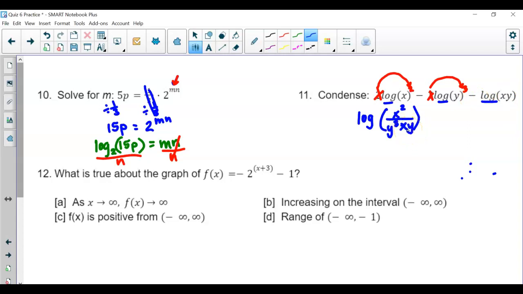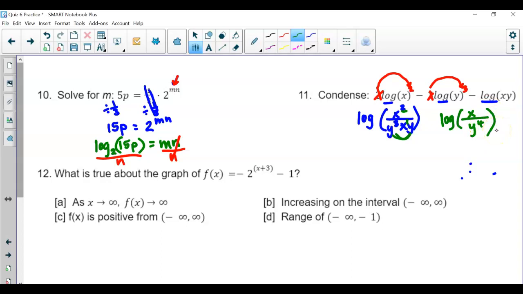Now we can start simplifying. One thing I notice is I've got 2 x's up top, but only 1 x here. So 2, taking away that 1, I'm left with 1 x. So I still have the x up top. Then here we have 3 y's and another y. So down here we actually have not 3 y's, but 4 y's. So y to the 4th.